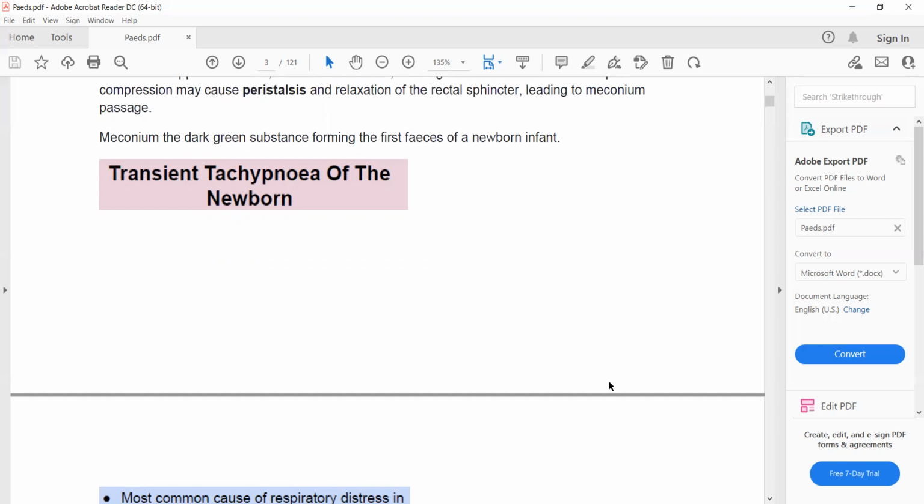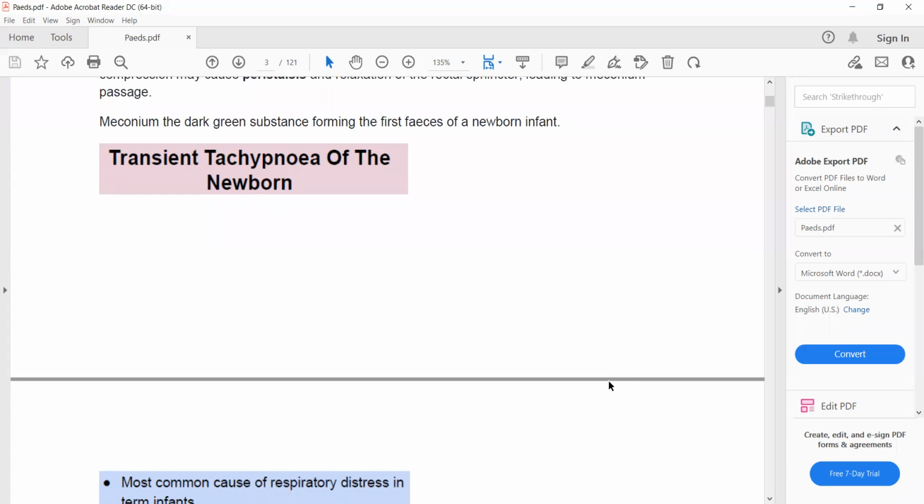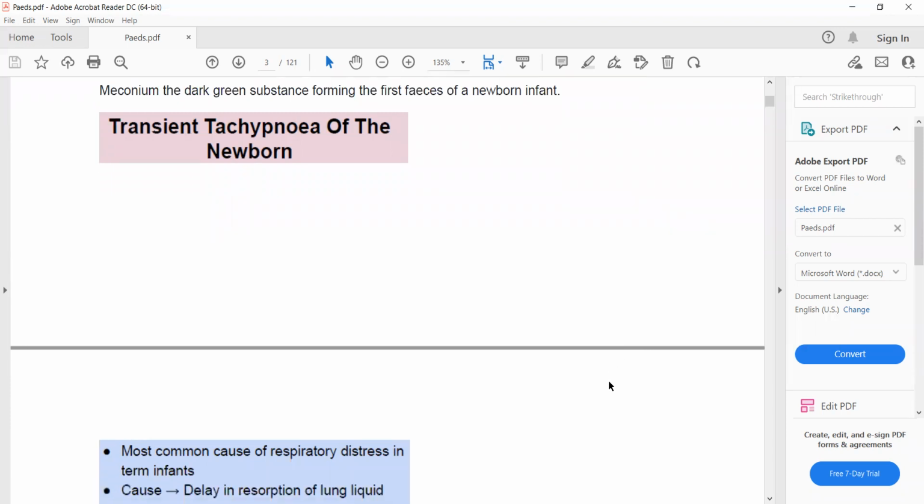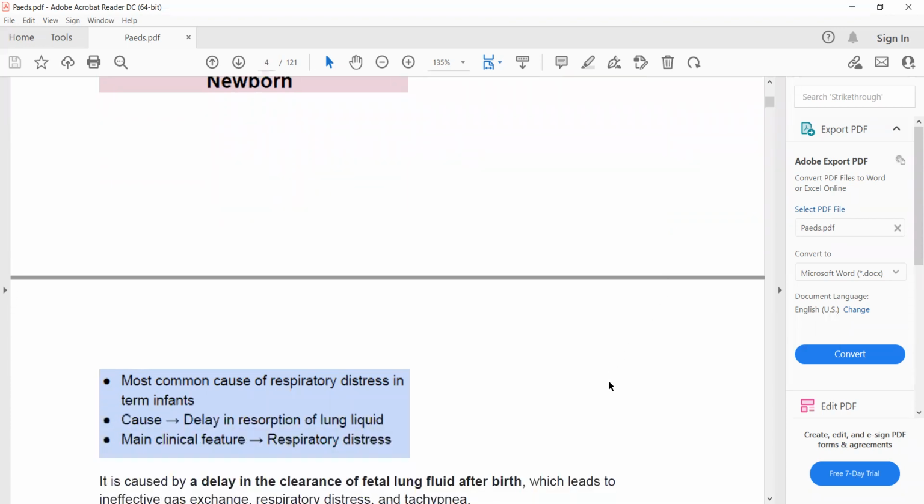As its name indicates, it is transient. So it will resolve within 1 or 2 days, or sometimes it may take up to 3 to 4 days. So respiratory distress syndrome is common in premature infants, meconium aspiration in post-term infants, and transient tachypnea of the newborn is common in term infants.